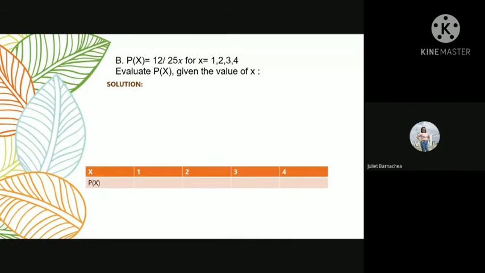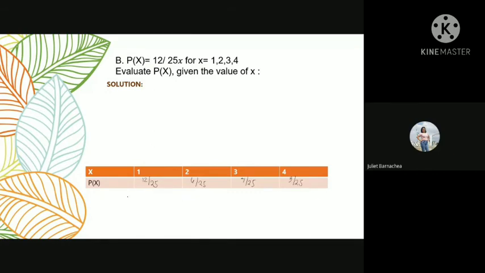So, 12 over 25. Ito, 12 divided by 2, 6 over 25. Ito, 12 divided by 3, 4 over 25. And then 12 divided by 4 will have 3 over 25.